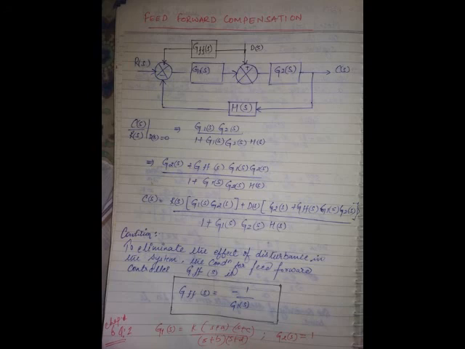One forward path is G2, and the other forward path is G_FF, G1, G2. How many forward paths are there? 2. The first forward path is G2, the second is G_FF, G1, G2. The denominator will remain the same: 1 plus G1 of S, G2 of S, H of S.